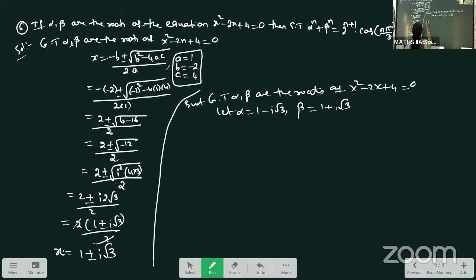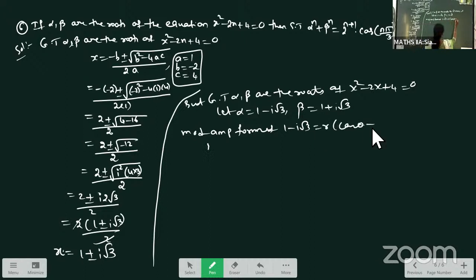So the mod amplitude form of 1 minus i root 3 we will find out. So 1 minus i root 3 is equal to r into (cos theta plus i sin theta). Sorry, cos theta minus i sin theta. So r is equal to under root of x square plus y square. x is 1, y is minus root 3.